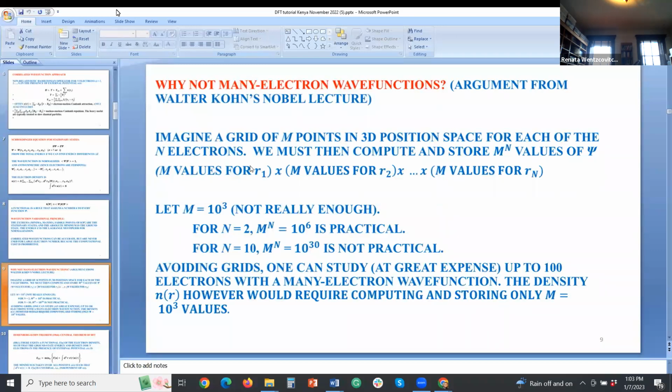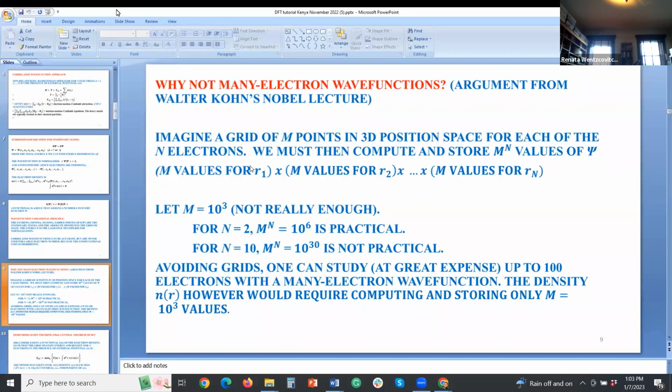So let's say we put m points in three-dimensional space for each of the n electrons. Then to compute and store the wave function, we have to compute and store m to the n numbers, because we have m values for the position of electron 1, m grid points for the position of electron 2, and so on, up to m grid points for the position of electron n. That makes m to the power n.